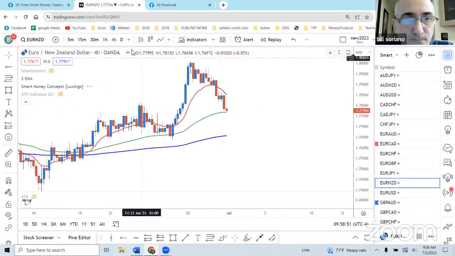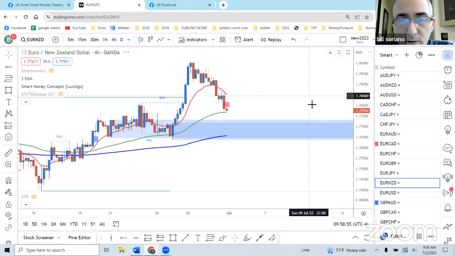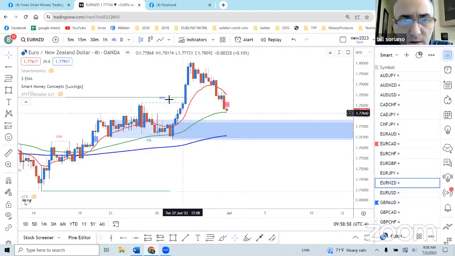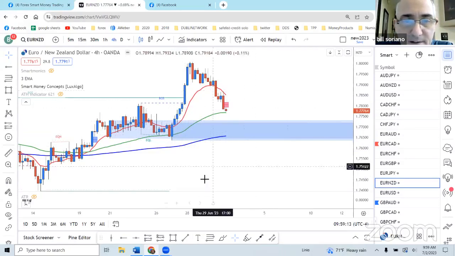EURNZD. Daily chart is bullish. 4-hour chart is bullish as well. We have this area right down here, right? We have an engulfing candle after the banker candle. The red candle is the banker candle. The blue candle is a little bit bigger, engulfing it. We have the break of structure. We have lots of imbalance down in here.